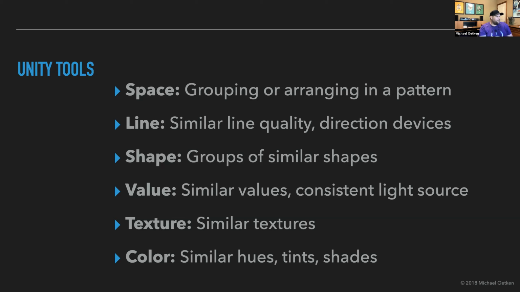We have shape, right? So again, similar shape patterns, like the example on the previous screen where we had the rounded corners on the rectangles. Values, using similar values to create that unity. Textures, again, using similar textures. And then color, using a similar color pattern, color scheme to help create that compositional unity.